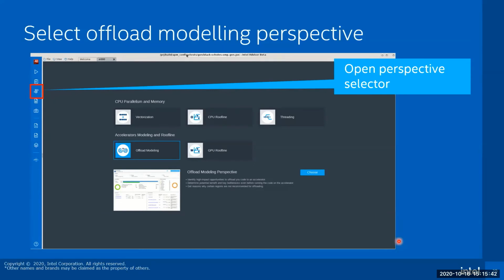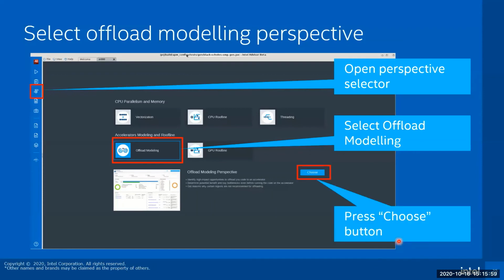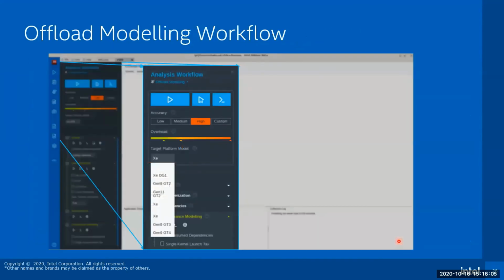It's also available in the current beta 9, but with a certain environment variable that can be found in the documentation. So you open the perspective selector and then select the offload modeling tab, and then you need to press the choose button to set which architecture you want to make the performance projection for.